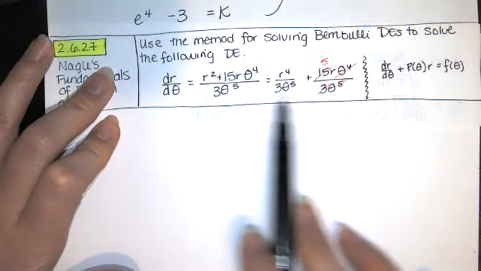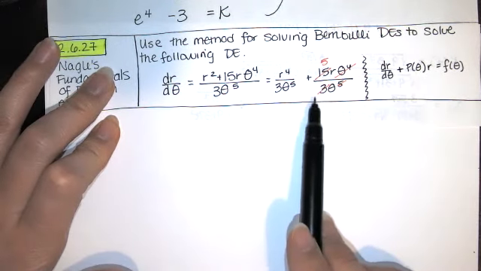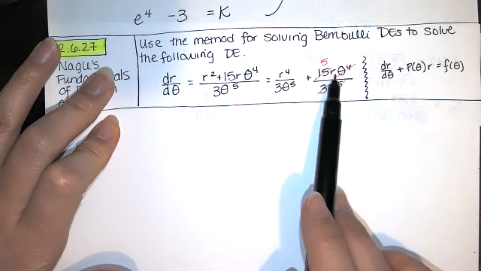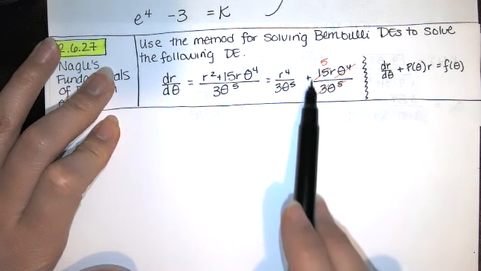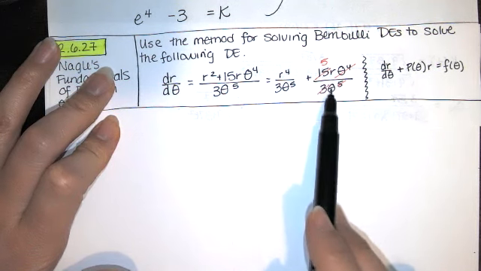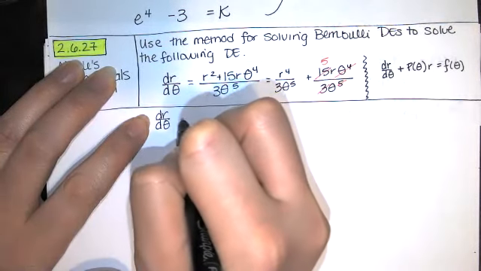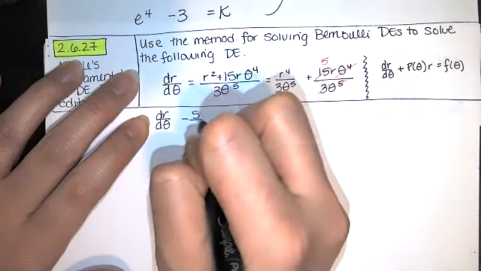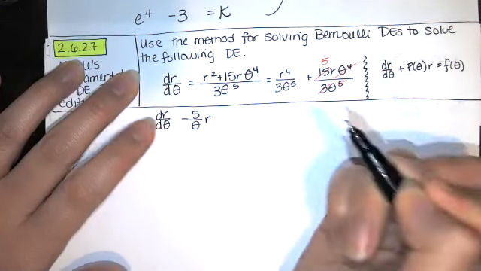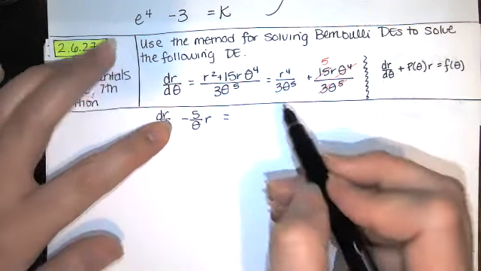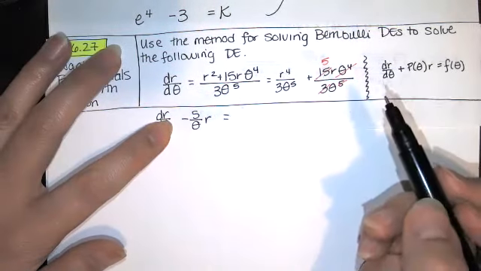So I'm trying to make this equation look like this. Well, there's an r to the 1st right there. So if I subtract this from both sides and factor out the r, what I end up with is dr/dθ minus 5 divided by theta times r is equal to this expression.